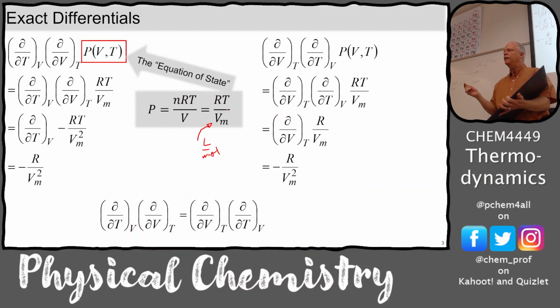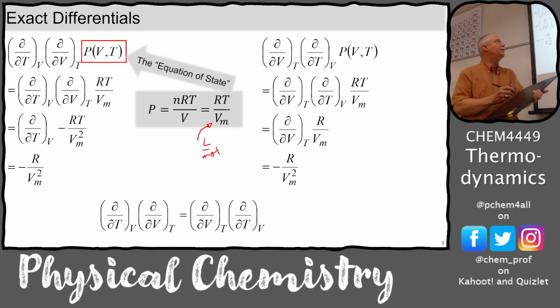I don't know if y'all did that. I think it's part of multivariable calculus, Cal 3. And so that's why my differentials are written funny. This little funny shaped d means a partial derivative, and we put down here the term that's held constant. If we do the derivative of this function with respect to volume, we treat temperature as a constant. And if we do the derivative with respect to temperature, we keep volume as constant.